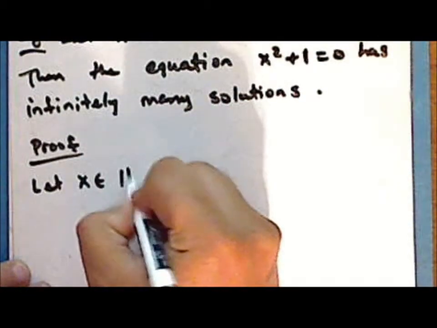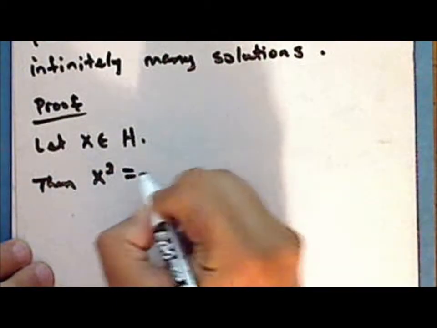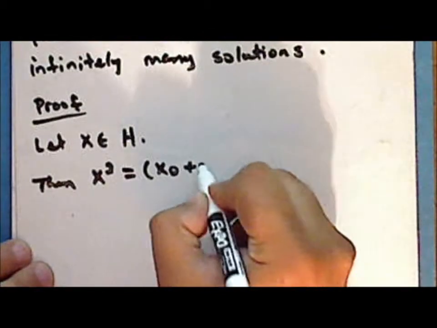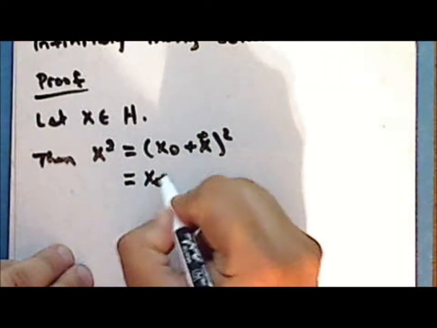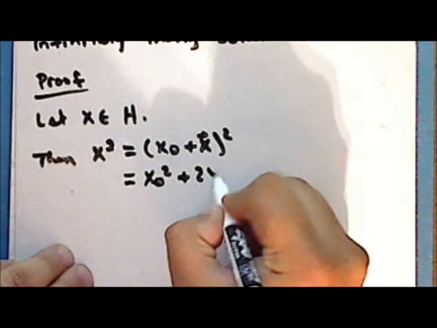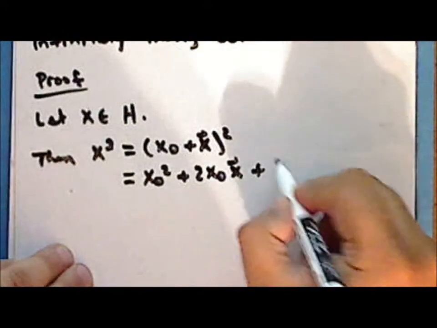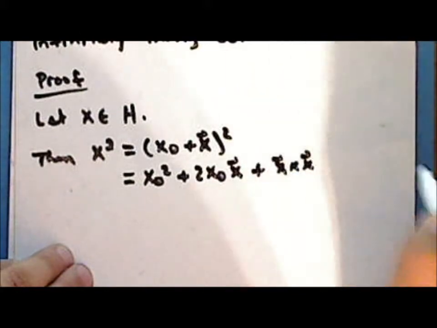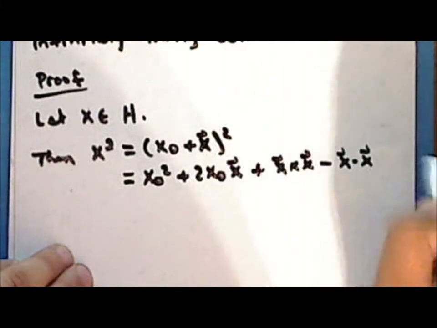Let x be a quaternion. Then x squared is the quantity x sub naught plus the three-dimensional vector x, squared, which is x sub naught squared, plus 2 times x sub naught times the three-dimensional vector x, plus the cross product of the vector x with itself minus the dot product of the vector x with itself.